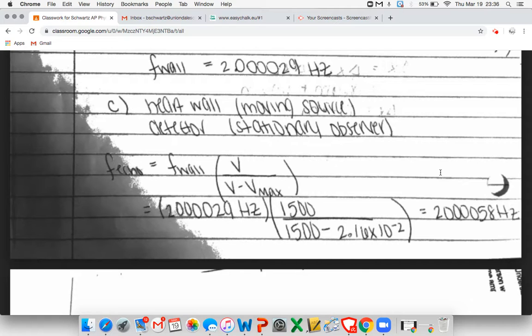So take it for what it is. If you go through the problems and you see that there is a difference having multiple digits, then I would tend to just leave the digits that you have there. So solving for this, you end up with 2.0000458 hertz.